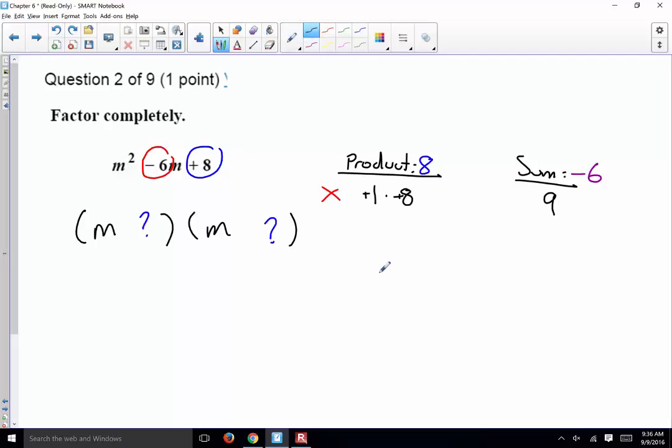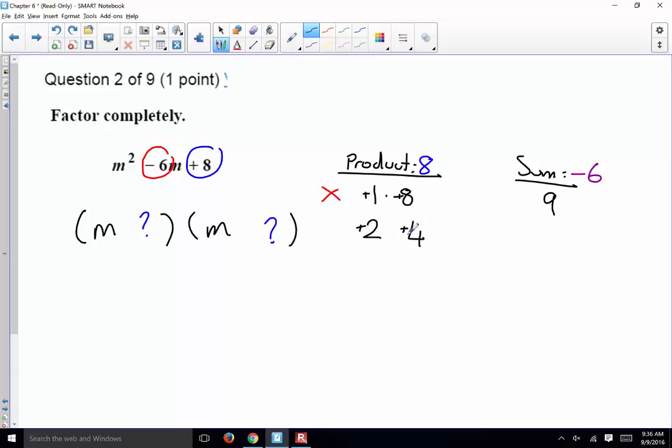Okay, what is the other option? 2 and 4. Positive 2, positive 4 makes 8. Perfect, I like that. But when you add these two, what do you get? Not -6.